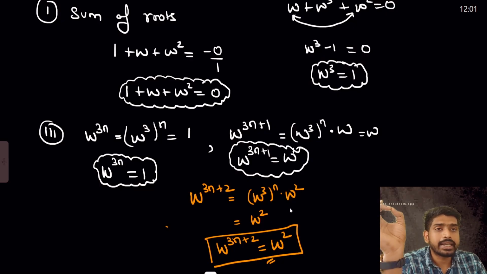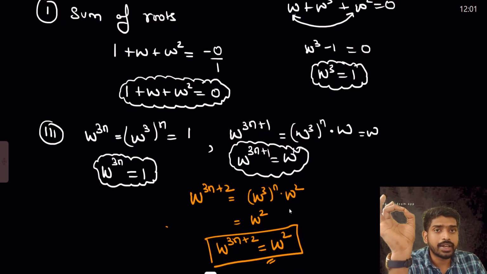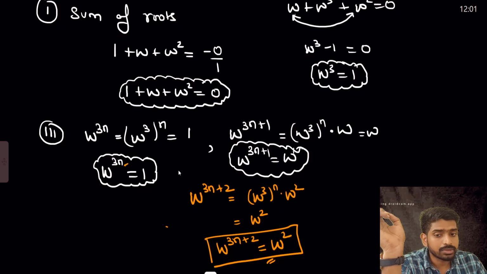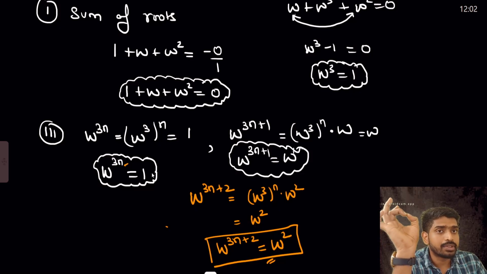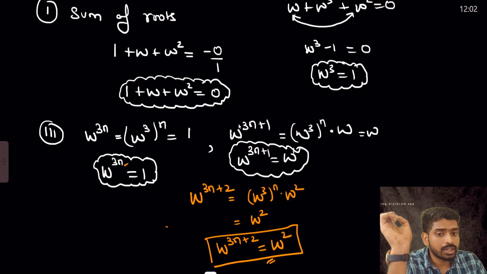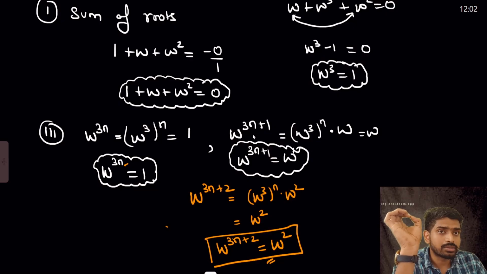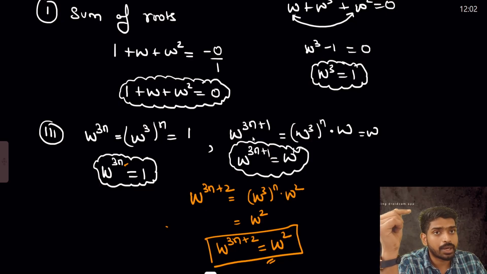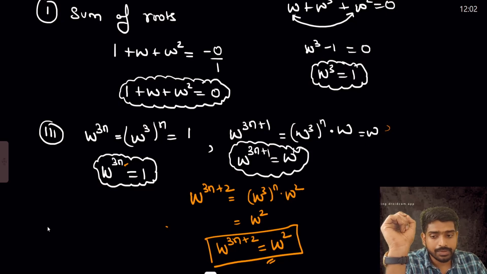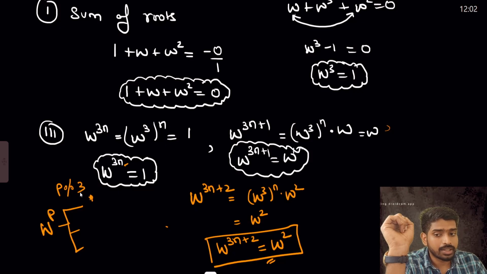If any power of omega is given, we are going to divide that power by 3 and find the remainder. If the remainder is 0, then the value will be 1. If the remainder we got after dividing the power by 3 is 1, then our answer will be omega. Suppose omega to the power p is given, then p we are going to divide by 3.